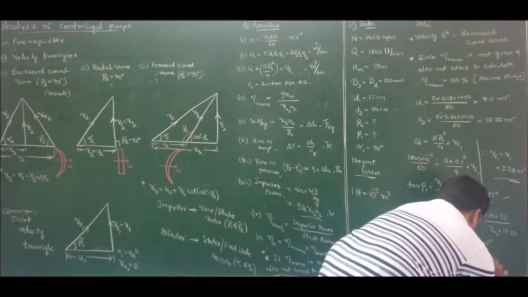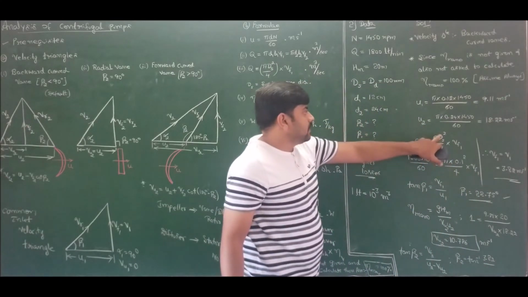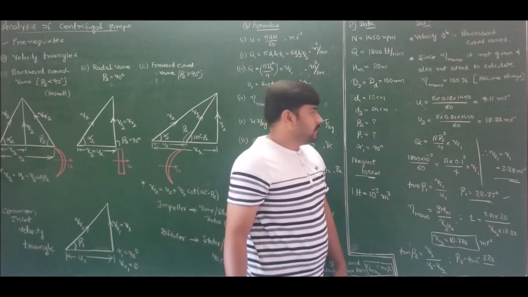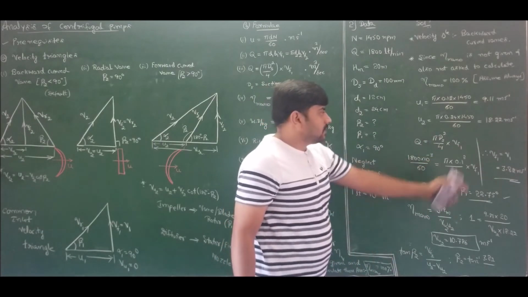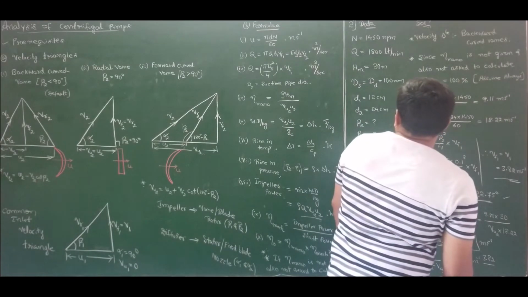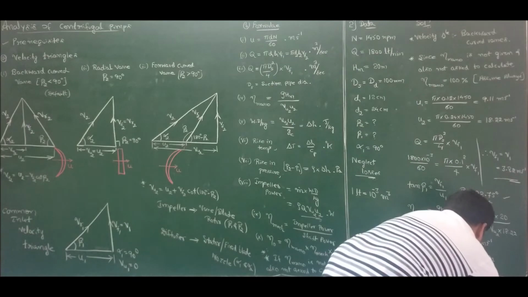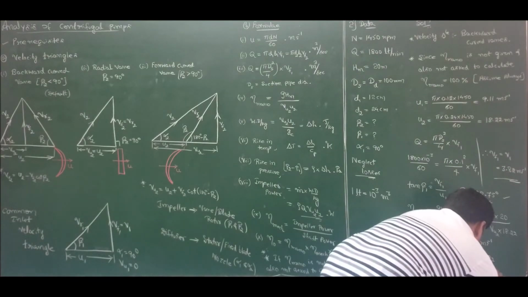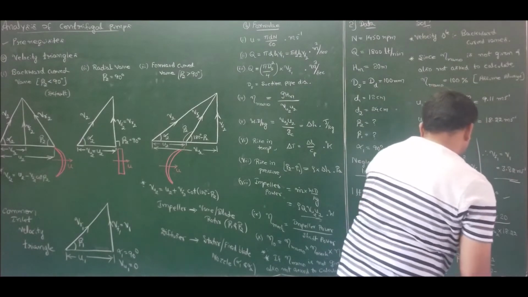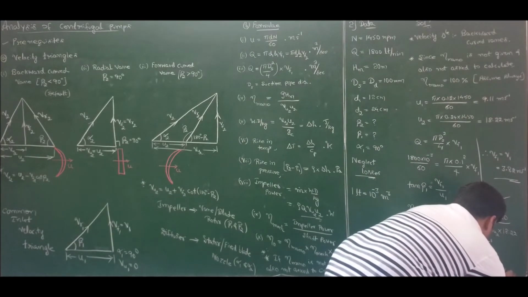If you want, you can calculate Q using the relation Q equal to pi into delivery pipe diameter square by 4 into Vf2, so you get the same answer for Vf2 also, 3.82, divided by U2, 18.22, minus Vu2, 10.786.